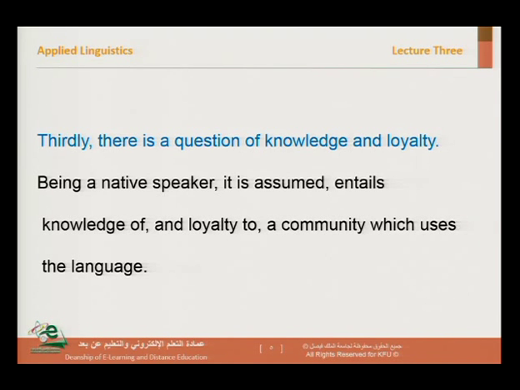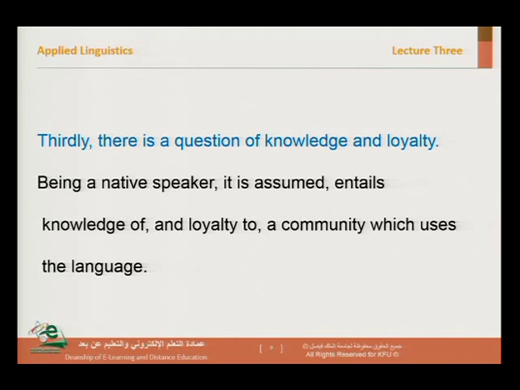This is the definition, if I may say, of the native speaker. The native speaker is defined from these three perspectives, or these three factors.